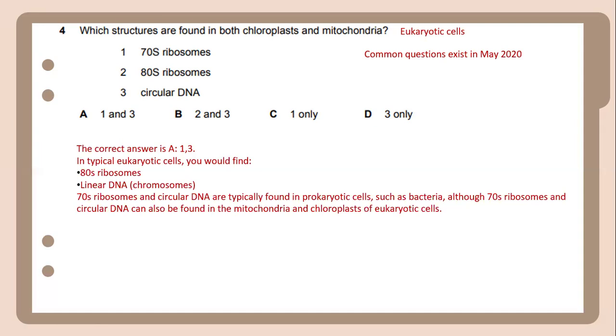In typical eukaryotic cells, you could find 80S ribosomes and linear DNA chromosomes. 70S ribosomes and circular DNA are typically found in prokaryotic cells, such as bacteria, although 70S ribosomes and circular DNA can also be found in the mitochondria and chloroplasts of eukaryotic cells.